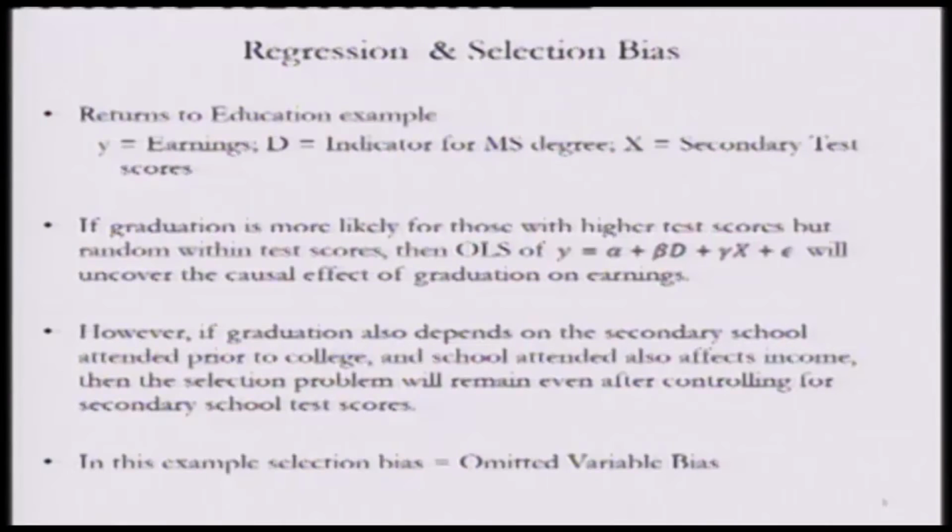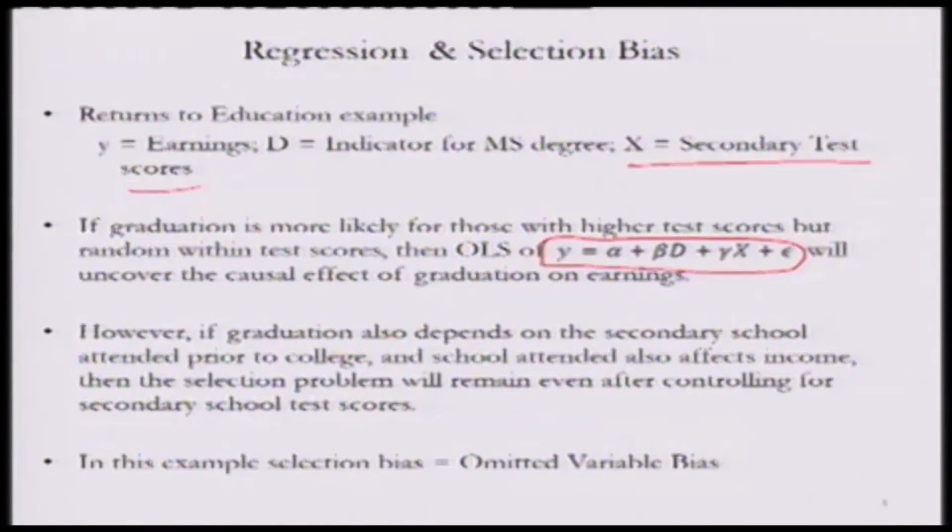And let us say X represents secondary school test scores. What this means is that if graduation is more likely for those with higher secondary school test scores, but random within test scores, then the OLS of Y, the regression equation that we saw before, will uncover the causal effect of D on Y, which is the causal effect of graduation on earnings.